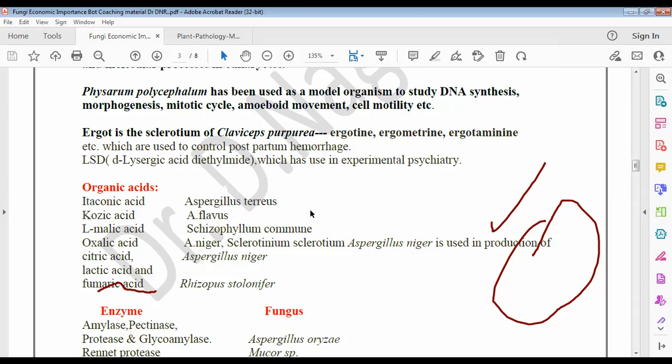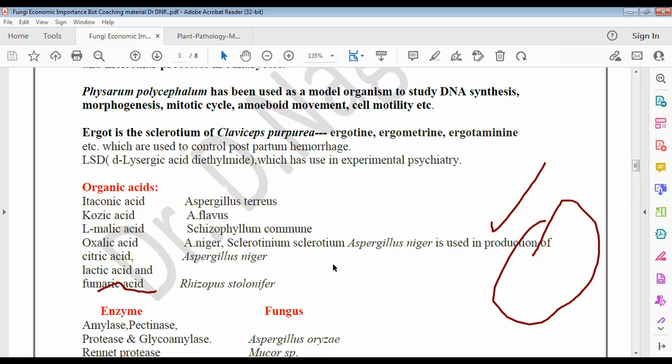The citric acid is there in all limes and lemons. The oxalic acid is also from Aspergillus, and there are lactic acid and fumaric acid. Lactic acid is prepared using Rhizopus stolonifer, the bread mold, black mold, or pin mold.